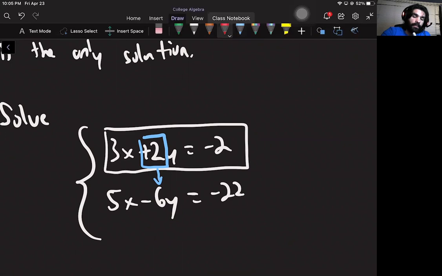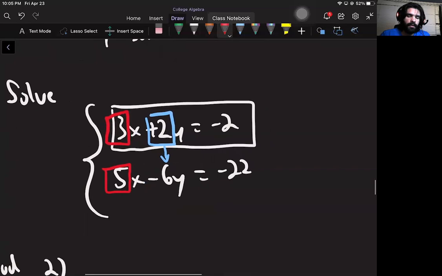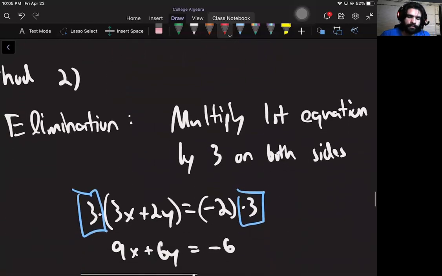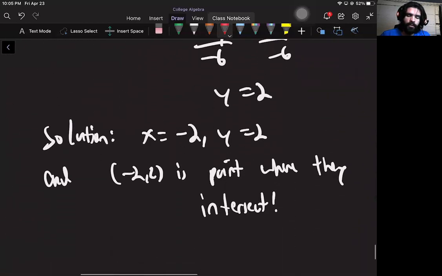Meanwhile, this 3 is a bit more annoying to make be 5. I would have to multiply by like 5/3 and also make it negative for those to cancel. So the wiser decision was to turn the 2 into a 6 by multiplying the first equation by 3. But you could multiply by whatever you want on either equation to do a similar trick. So I'll do more examples later where we pick a different number.